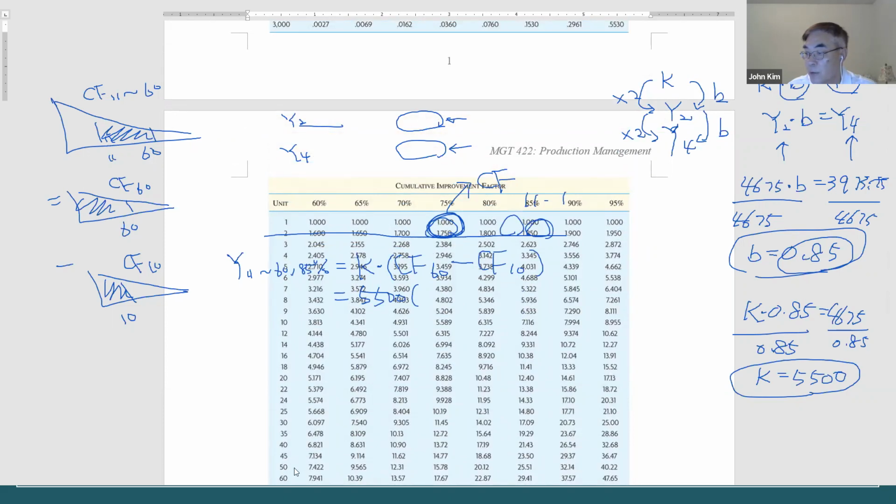We need 60, 29.41. So that is, okay, 25.51 minus 7.116.